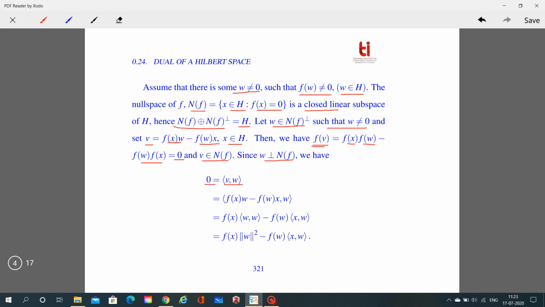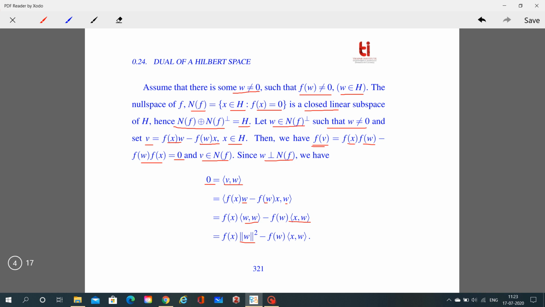So we substitute the value of v. So ⟨f(x)w − f(w)x, w⟩ = 0. We apply the properties of the inner product. This becomes f(x)⟨w, w⟩ − f(w)⟨x, w⟩, and ⟨w, w⟩ can be written as the norm of w squared.